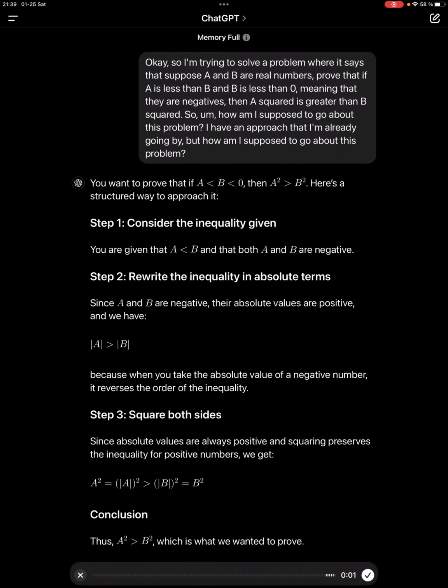Are there any other approaches? For instance, what I started doing was I considered a number line and considered that a will be further down on the number line because it's less than b, and then I considered x. Then I considered two definitions for what it means that a is less than b. I considered that there is a number c between them that is greater than a but less than b.